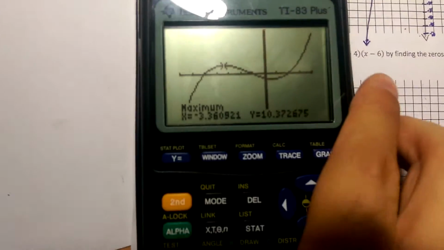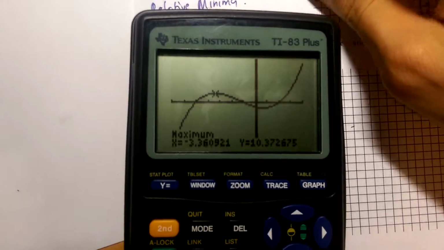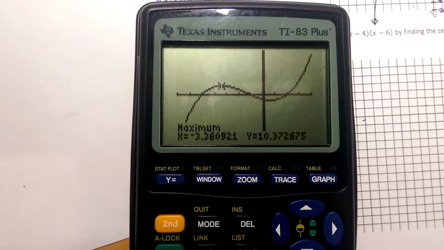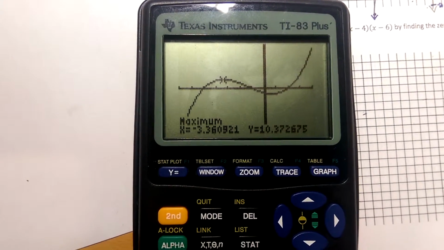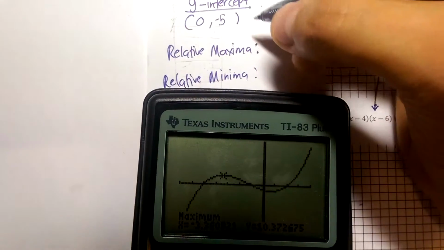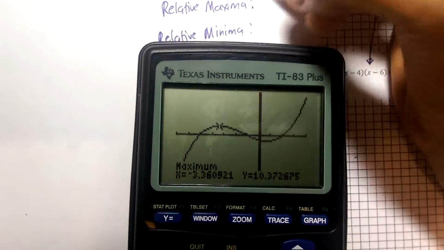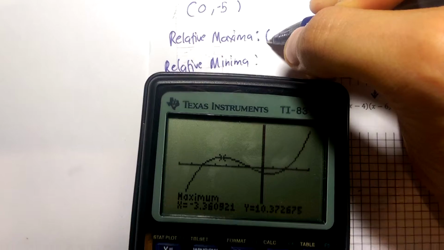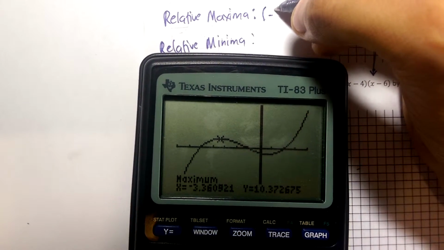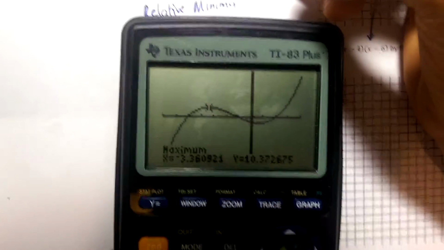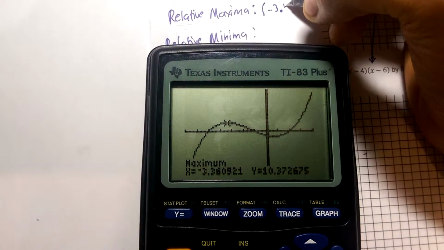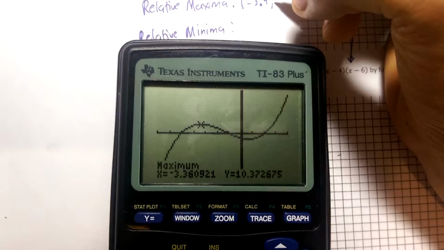Okay, so the calculator is going to give you decimals for the coordinate. I am satisfied with you telling me that coordinate to the nearest tenth. So to the nearest tenth, the relative maxima would be negative 3.4, comma 10.4.